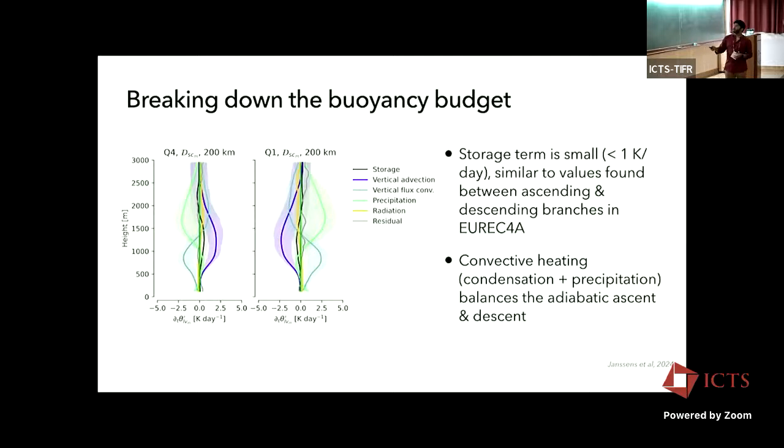And the terms are a storage term, vertical advection, vertical flux convergence, precipitation, radiation, and so on. The important ones here, because we're trying to explain the vertical motion, would be if we can explain this vertical advection of the buoyancy term.